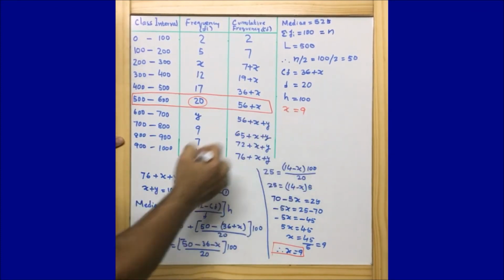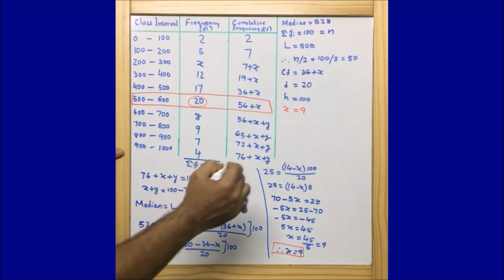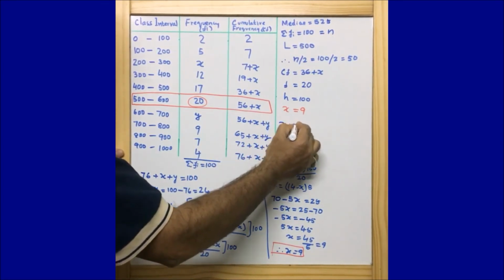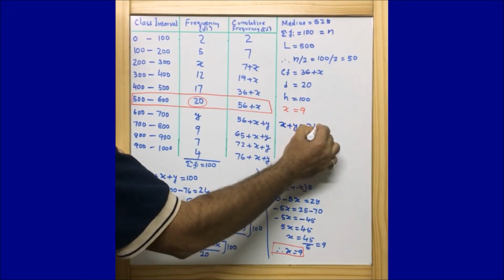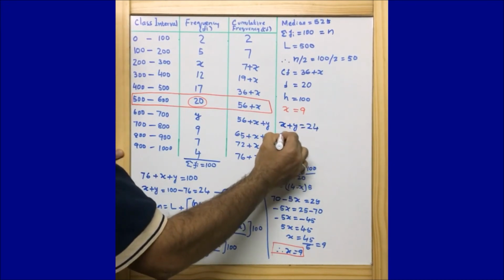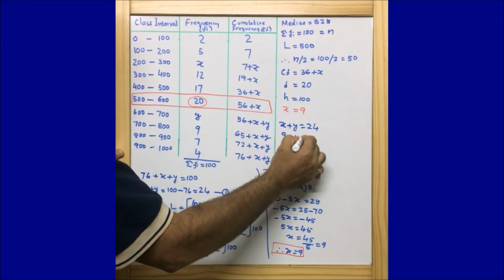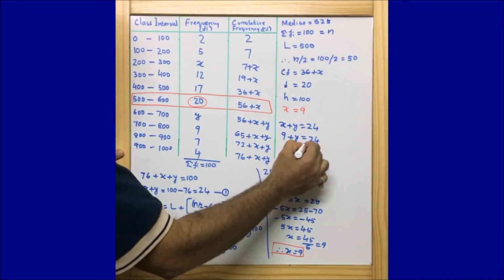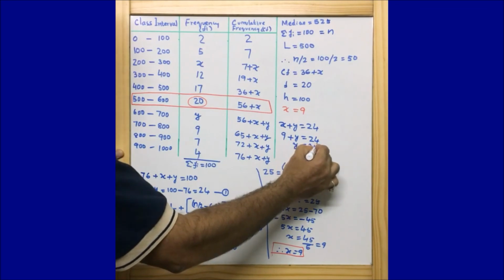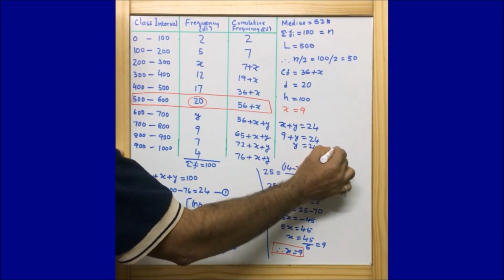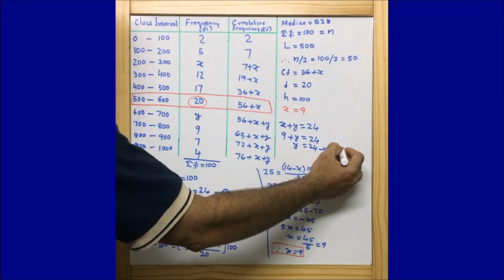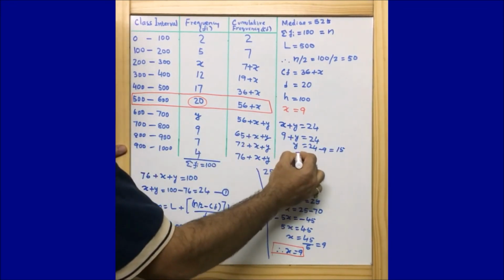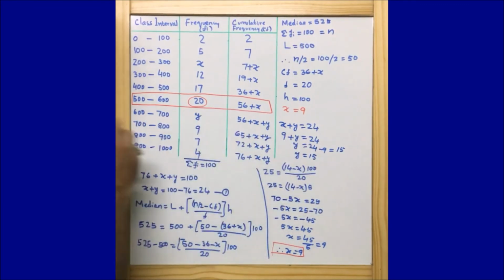Putting the value of x in this equation number 1, we can write x plus y is equal to 24, or 9 plus y is equal to 24, or y is equal to 24 minus 9, that is equal to 15. So guys, you could see we got the value of y is equal to 15.